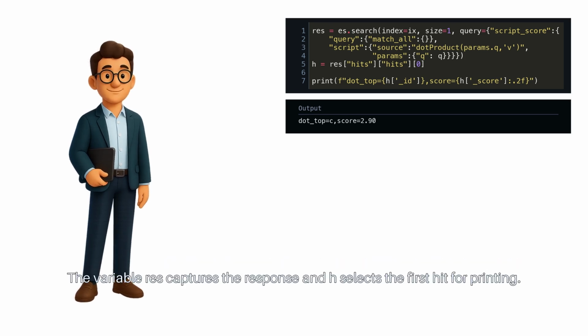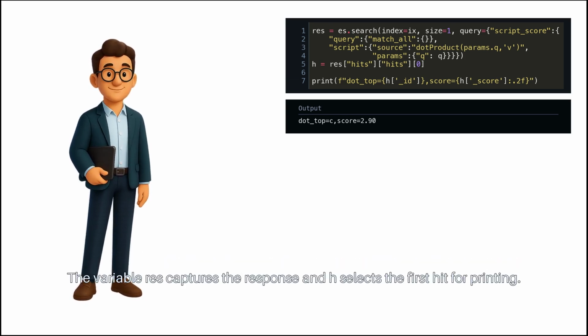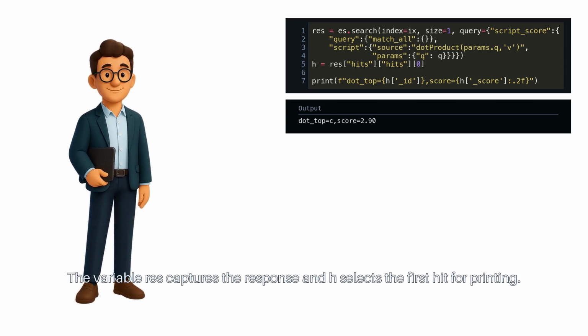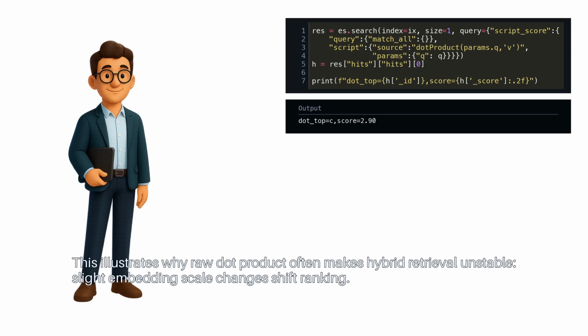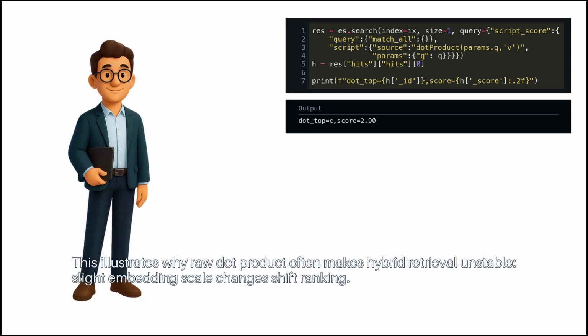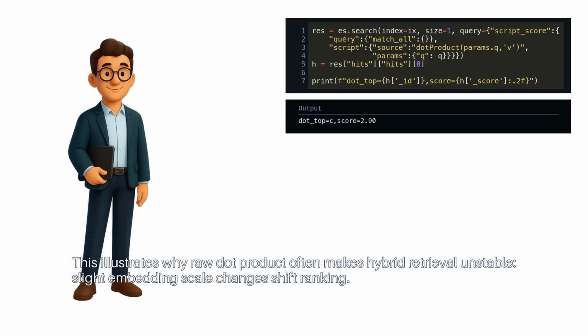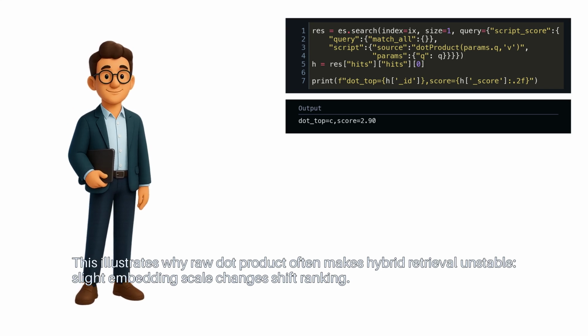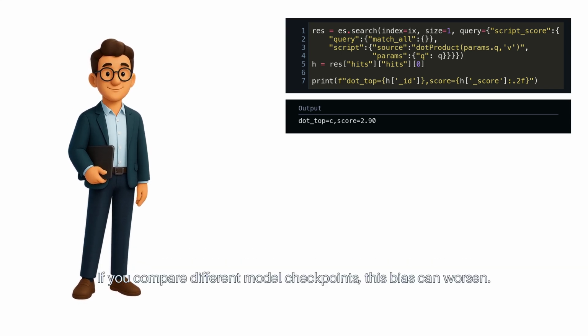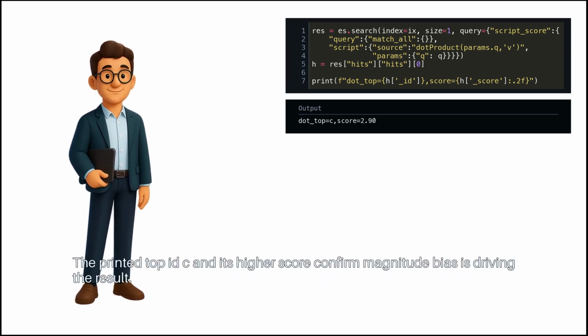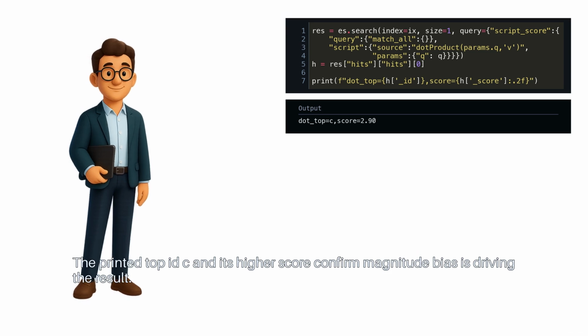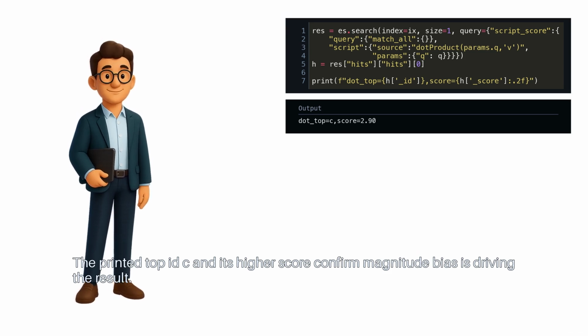The variable res captures the response, and h selects the first hit for printing. This illustrates why raw dot product often makes hybrid retrieval unstable. Slight embedding scale changes shift ranking. If you compare different model checkpoints, this bias can worsen. The printed top ID C and its higher score confirm magnitude bias is driving the result.